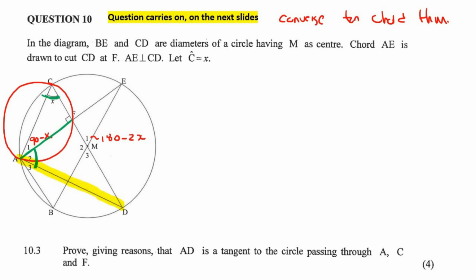Okay, so what we need to prove is that angle A2 is actually going to be the same as angle C. Because if that is true, then we can see that the tan chord theorem is working, and so then we could say converse tan chord theorem.